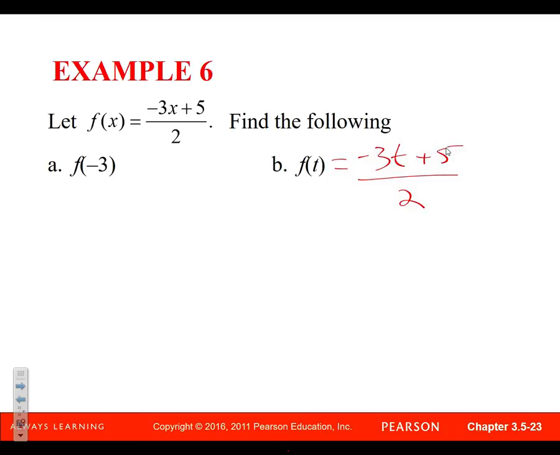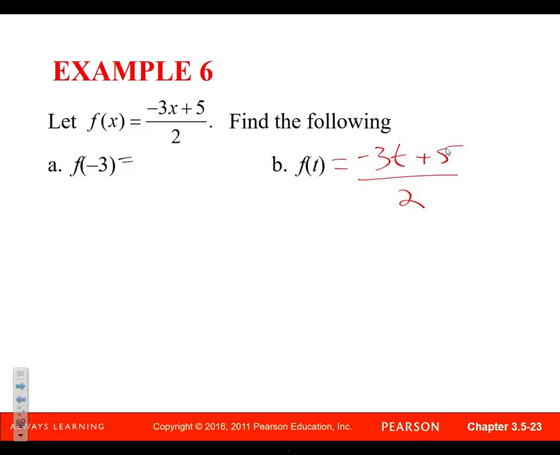What'd you guys get for f of -3? What's the value of f of -3? I got -2. Is that wrong? Oh, it is wrong, huh? I'll tell you why.